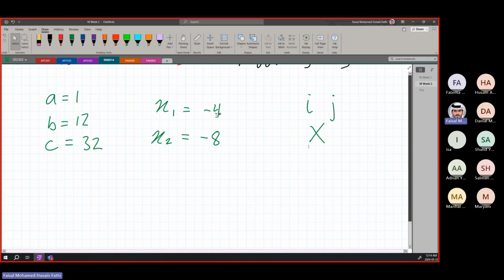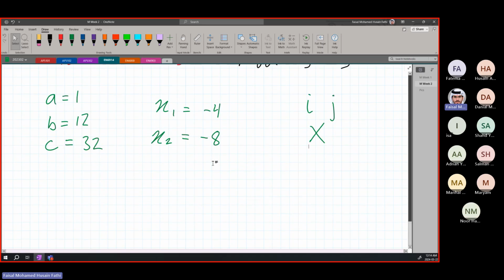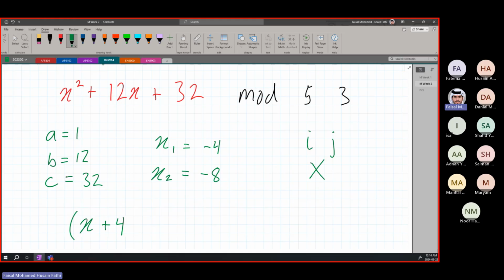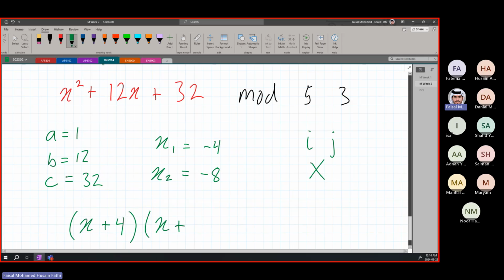So if we get x1 equal to minus 4 and x2 equal to minus 8, then what does this mean? If we want to factorize, the factors are x plus 4, the opposite of the number here, since this is negative you put plus, and x plus 8, since this is negative as well.